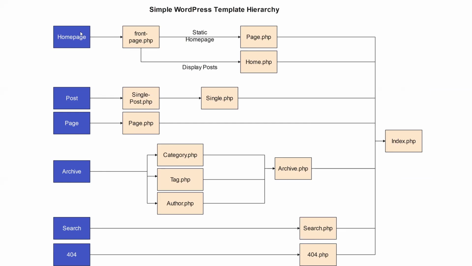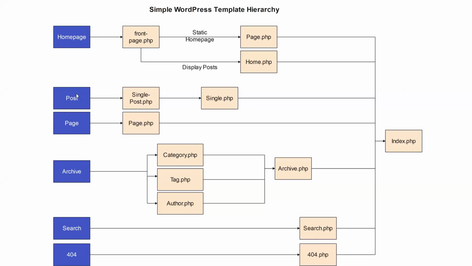So for you to display your home page, you need a front page template. And this is always a static page. You can set it under the settings. You can also use the front page to display some posts.